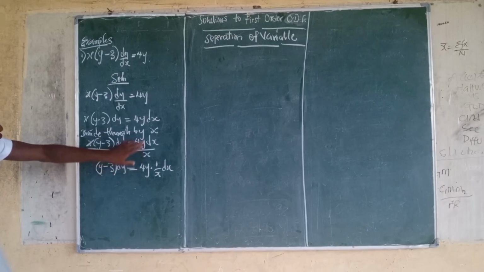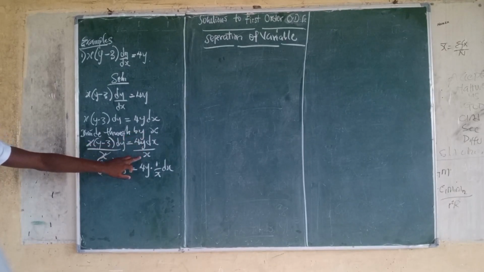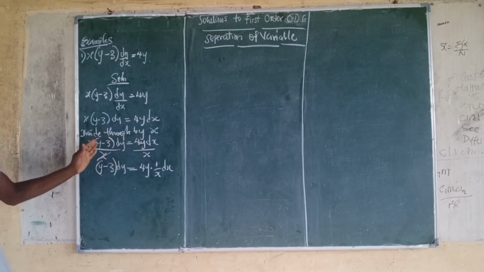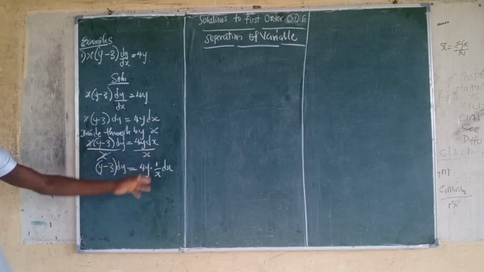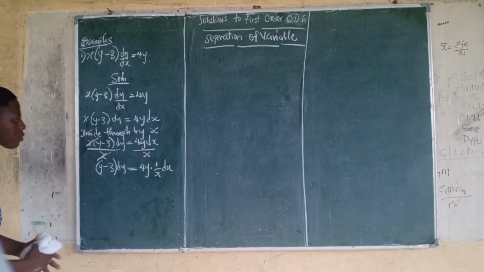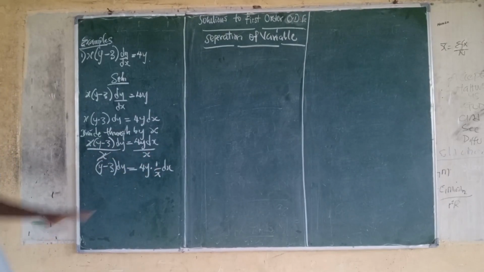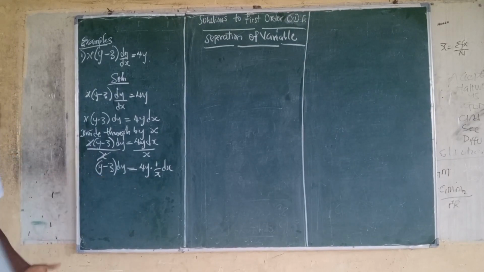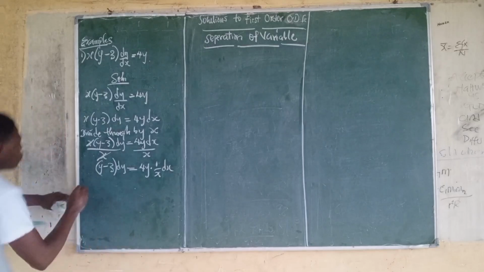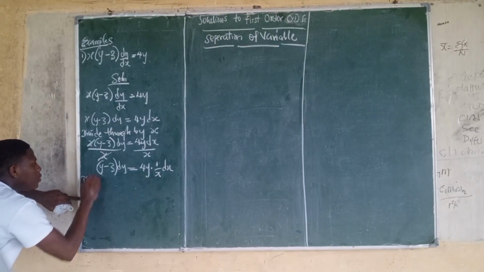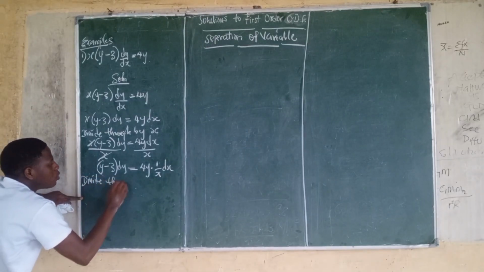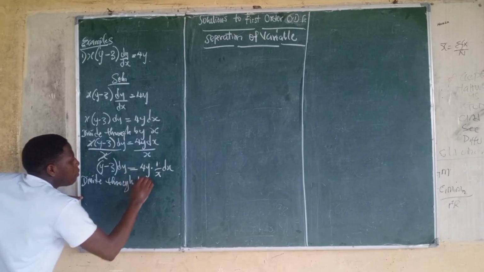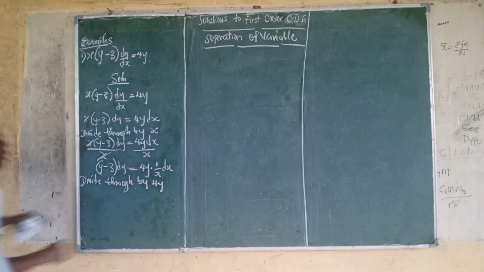Why did I do this? Because you can call this 1 over x, since it's multiplying. We can still group this to the other side of the equation by dividing through by 4y. So we divide through by 4y.